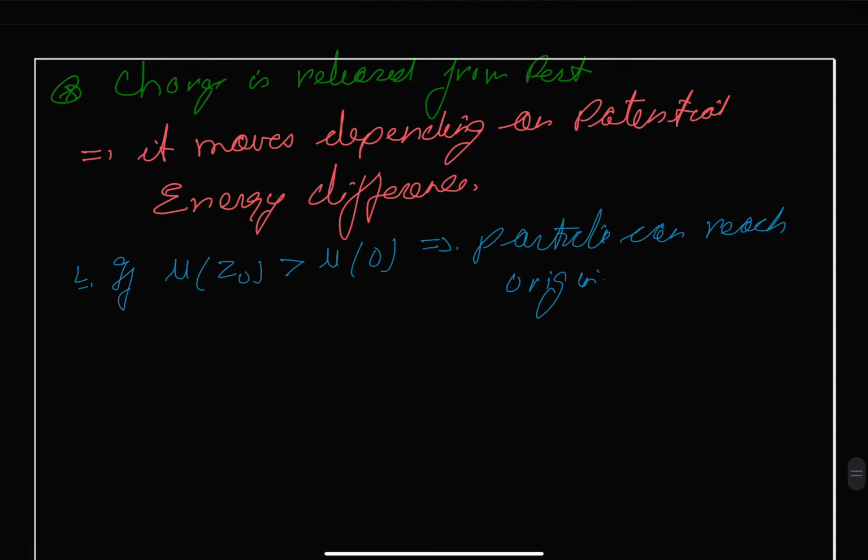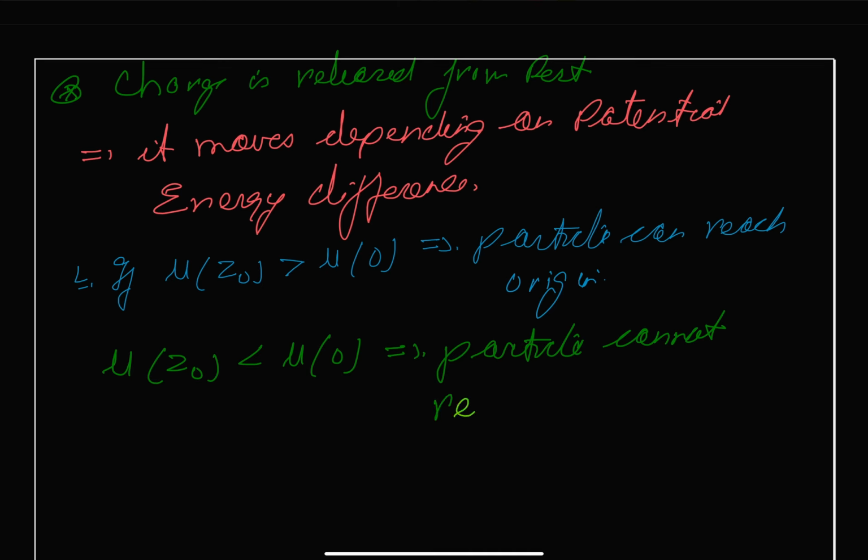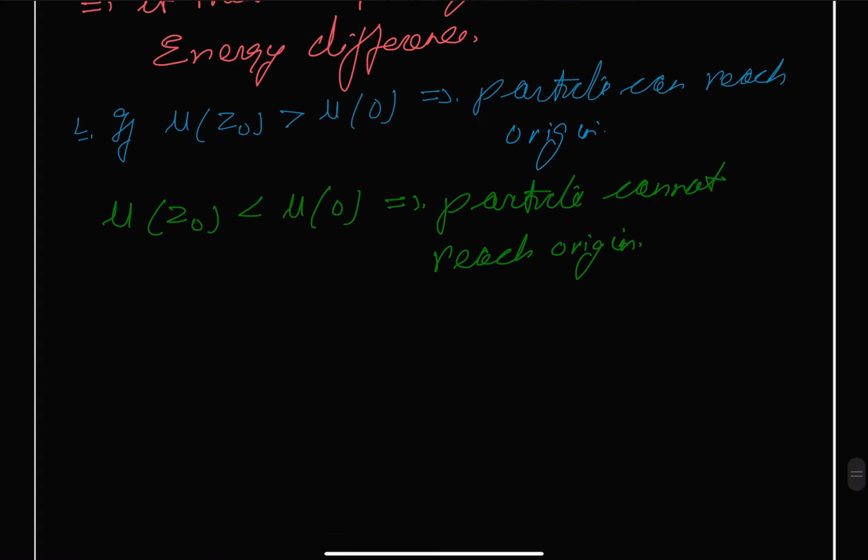And if the energy at z naught is less than the energy at the origin, then the particle cannot reach the origin, or we can say it returns to its initial position.